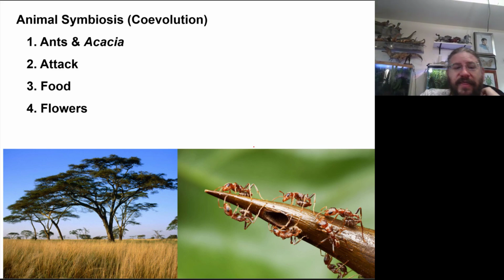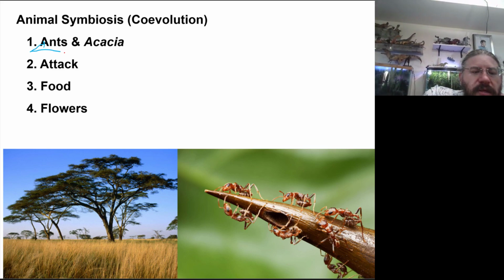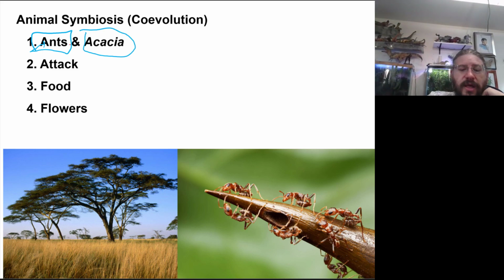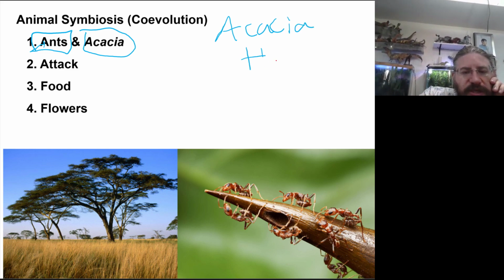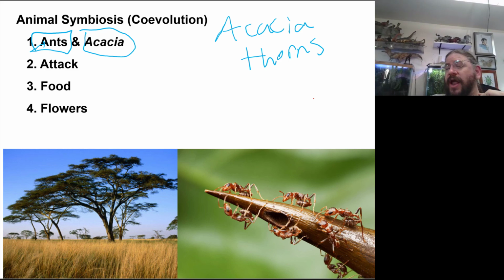Here's the animal symbiosis in angiosperms. The ants and the acacia tree. The acacia tree produces some pretty gnarly thorns. Acacia thorns are very large. And that's because in Africa there happen to be very large herbivores.